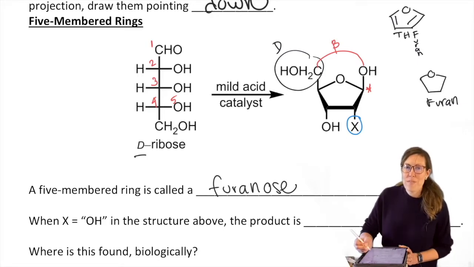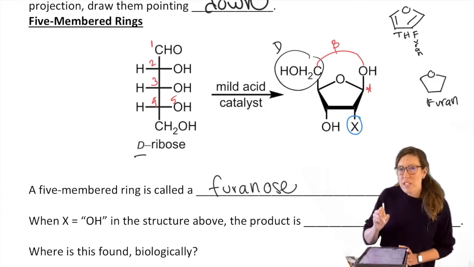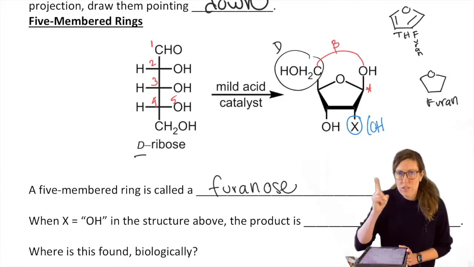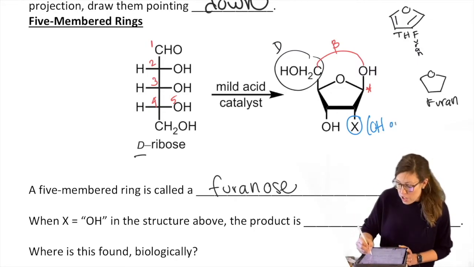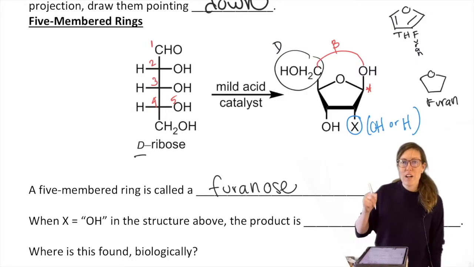2 very famous, bio-relevant, bio-crucial molecules, carbohydrates, have this exact structure, but they only differ by what happens at X. So X is either OH, which is our usual expected scenario for a carbohydrate, or an H. That is not our usual expected scenario because remember, carbohydrates means every carbon has an OH.